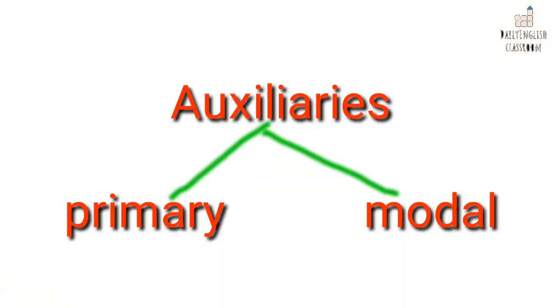Auxiliary verbs, helping verbs or helpers are 24 in number in English. They can be broadly divided into 2 divisions. First, primary auxiliaries and modal auxiliaries.